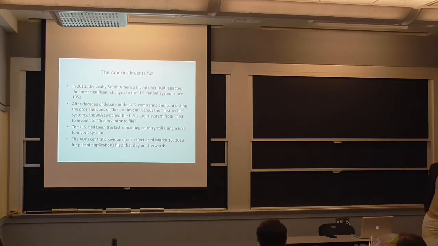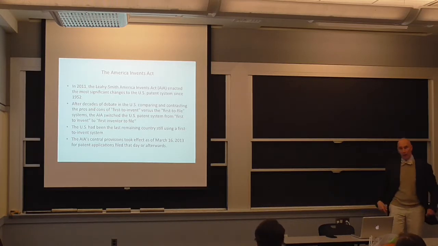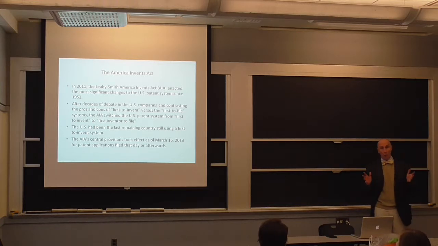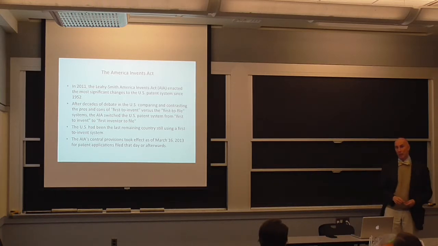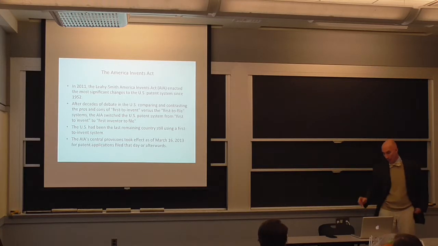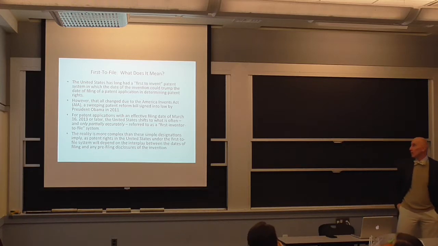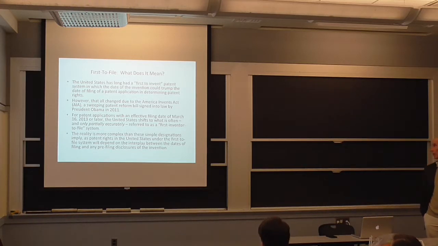The AIA's central provision took effect as of March 16, 2013 for patent applications filed on that day and thereafter. Since everybody here is probably going to be filing their patents on and after that date, that's the important act that you're going to be faced with complying with.